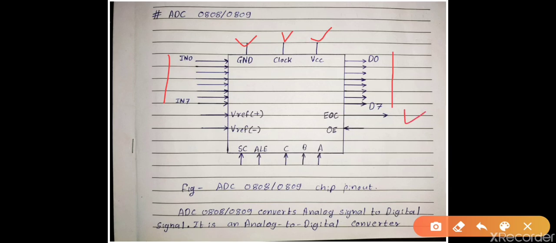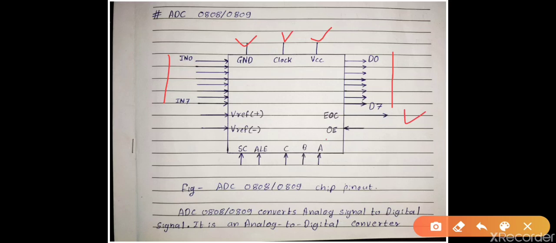Next there is an EOC pin. This EOC pin stands for end of conversion. When ADC finishes conversion of analog data to digital, this pin gives a high to low pulse. Meaning that conversion of analog to digital data is done.